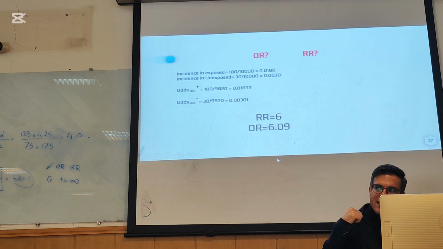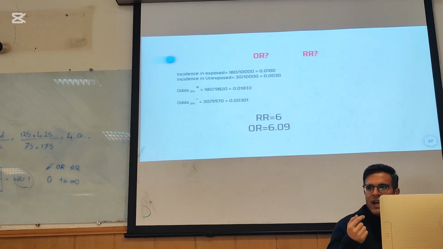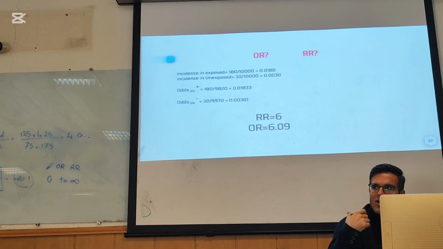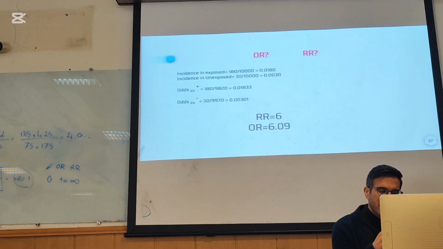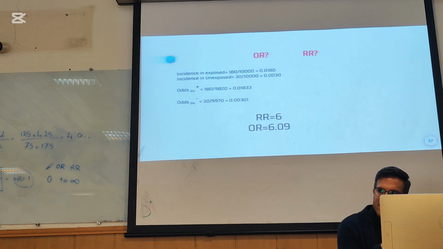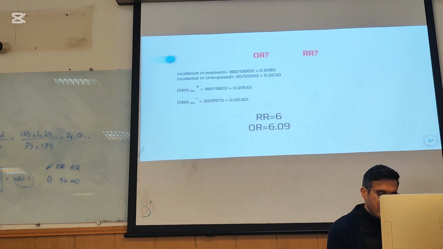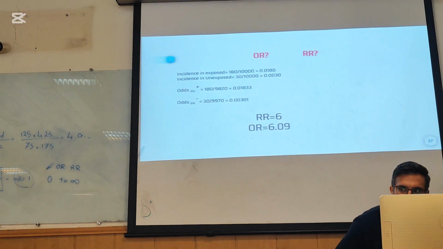In the previous example, relative risk was 2, I think, and odds ratio was 4. The difference between them was very high. But in this scenario, since your outcome is rare, the difference between relative risk and odds ratio is very little, or ignorable.